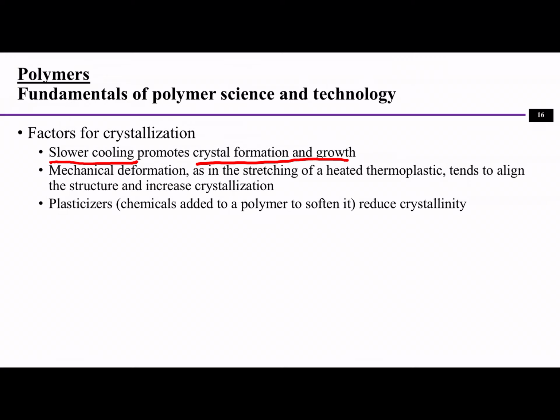Also, as a heated thermoplastic stretches, it tends to align the structure and increase crystallization. So mechanical deformation can also increase crystallization. Also, sometimes you add plasticizers to reduce crystallinity.